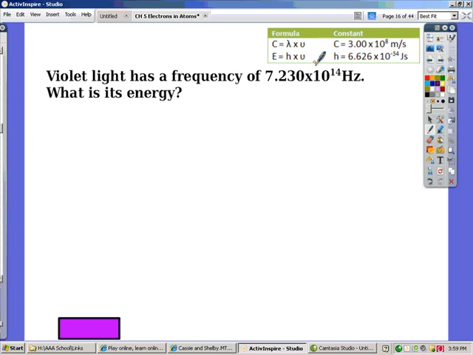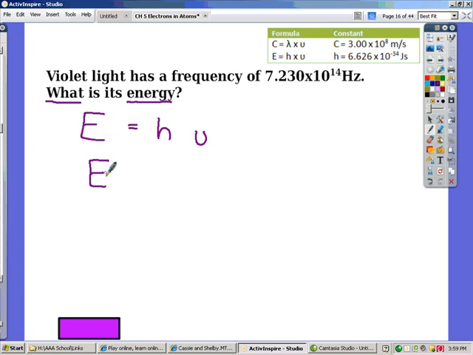And just like last time, I would really recommend that you just write out the formula and then plug the things in and solve for a variable. Now in this case, it's saying, what is the energy? So I'm going to be solving for E in this particular equation.